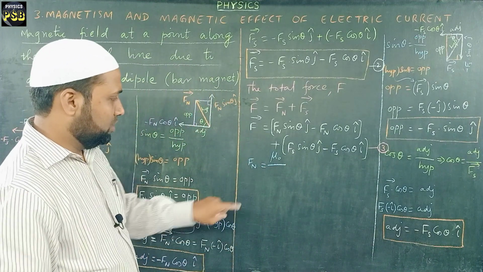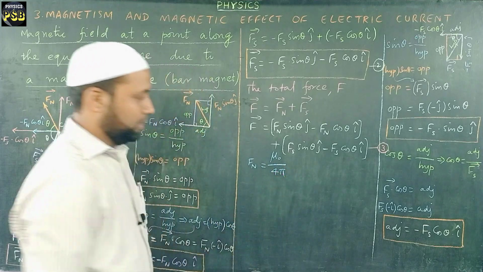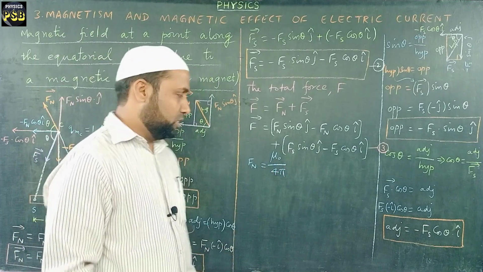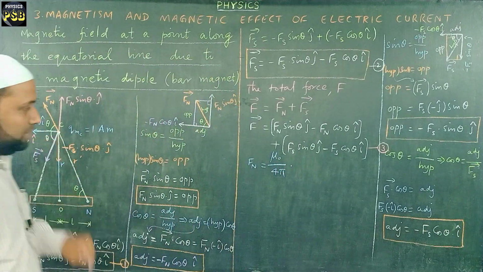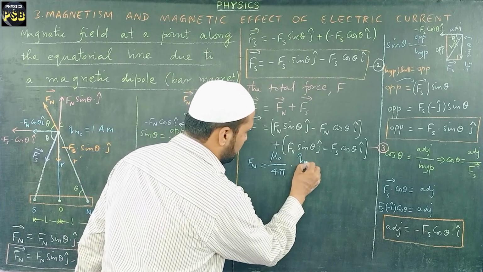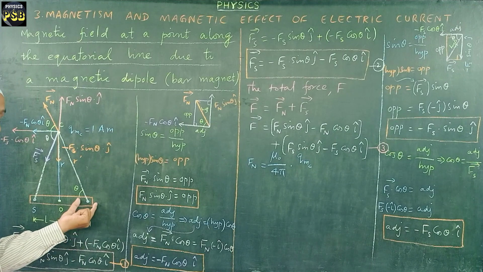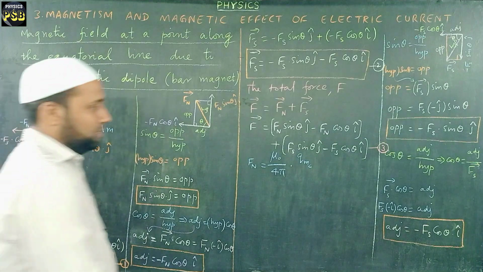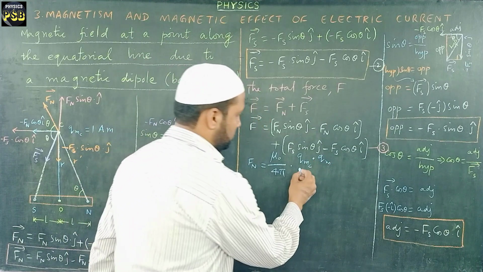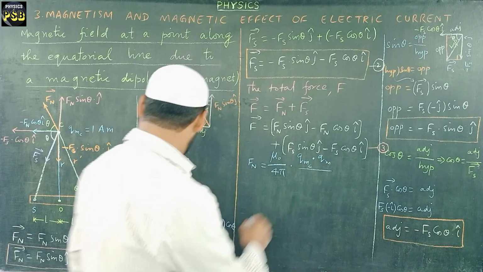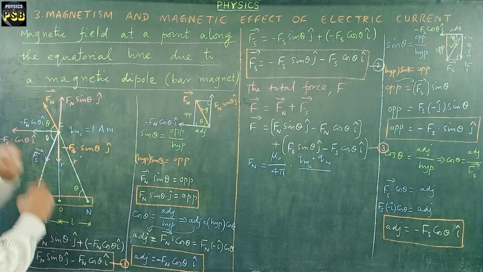So here Fn is equal to mu naught upon 4 pi. This is the proportionality constant. Then at point C we have QmC, the unit pole strength. Then it is multiplied with the pole strength of the north pole of the magnet, which is nothing but Qm, divided by the distance between this north pole and the unit north pole at point C. What is that?